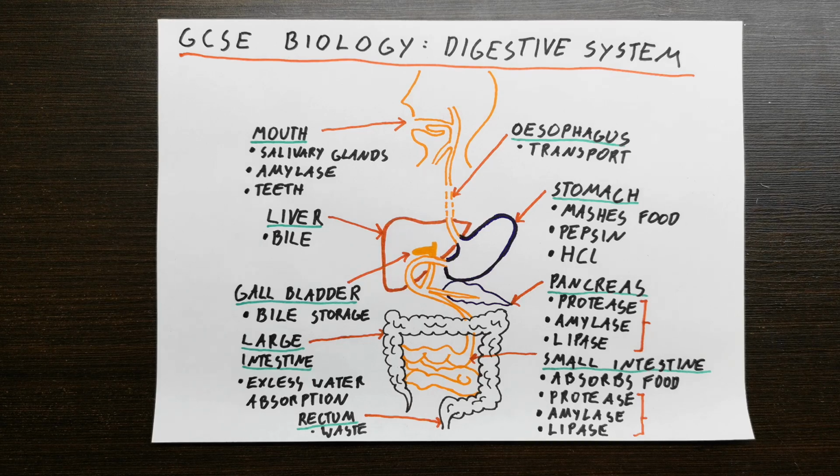We want to keep the water. We don't want to waste it. So large intestine reduces the water wastage by extracting as much water as it possibly can. So the food works its way through large intestine, and then it enters rectum, where the waste that's left over after food is removed from our body.